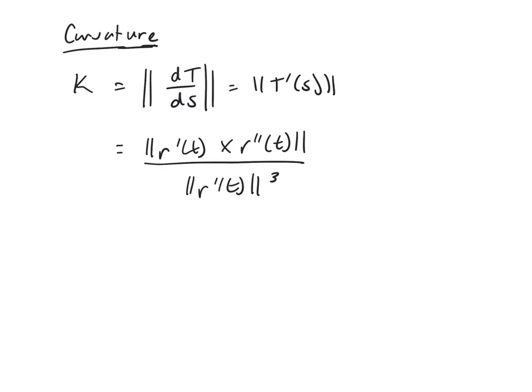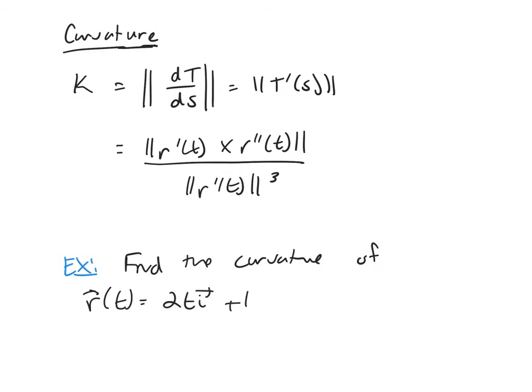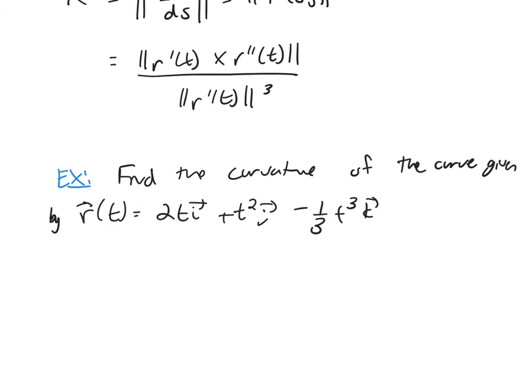So let's look at an example here. Let's find the curvature of r of t equals 2t i plus t squared j minus 1/3 t cubed k, I guess, of the curve given by that formula when t equals 1.